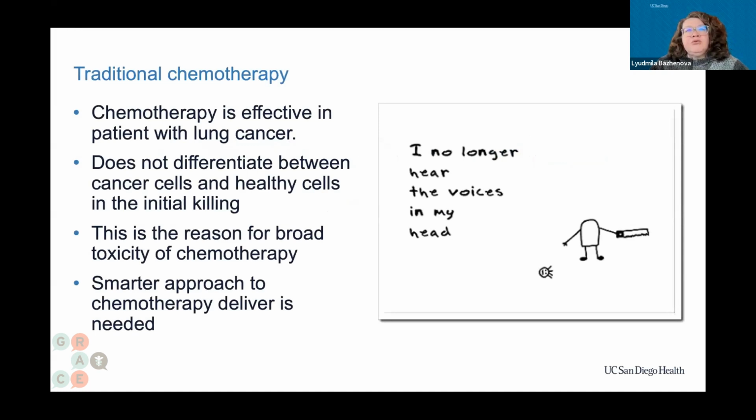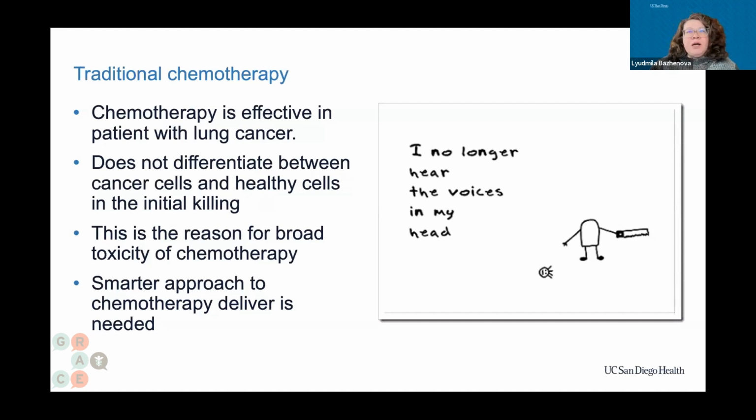In addition to killing cancer cells, it does have an ability to kill healthy cells, at least initially. The mechanism why chemotherapy works in lung cancer, or in any kind of cancer for that matter, is that traditionally healthy cells will recover faster than the cancer cells. And so you have an increased differential killing effect between healthy cells and cancer cells.